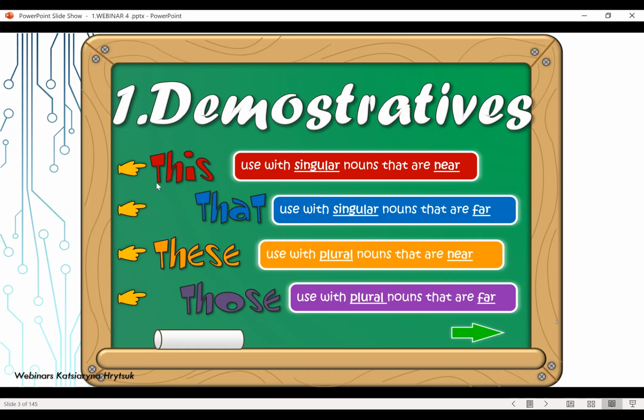That is something which is near you. This and these, but this is singular and these is plural. That and those: that is singular and far away, and those is also far away but plural.